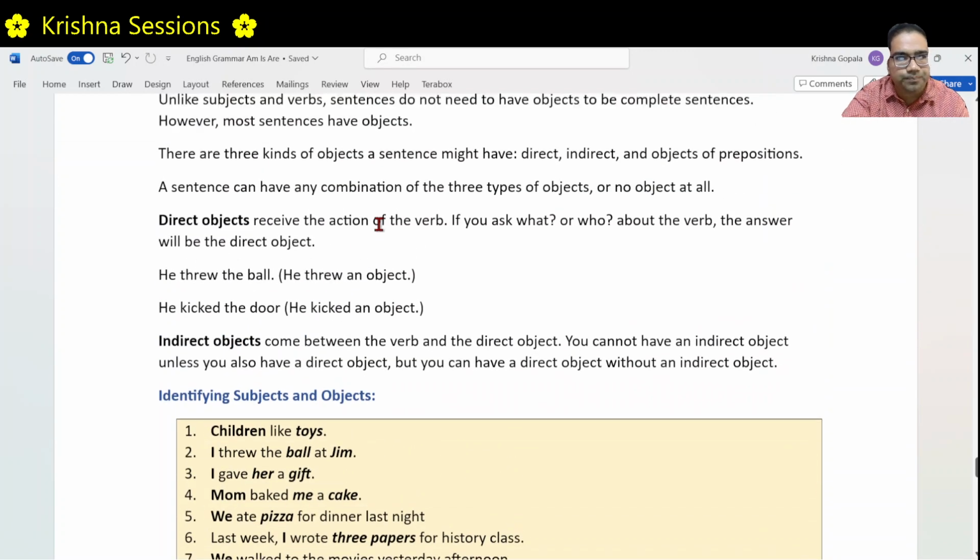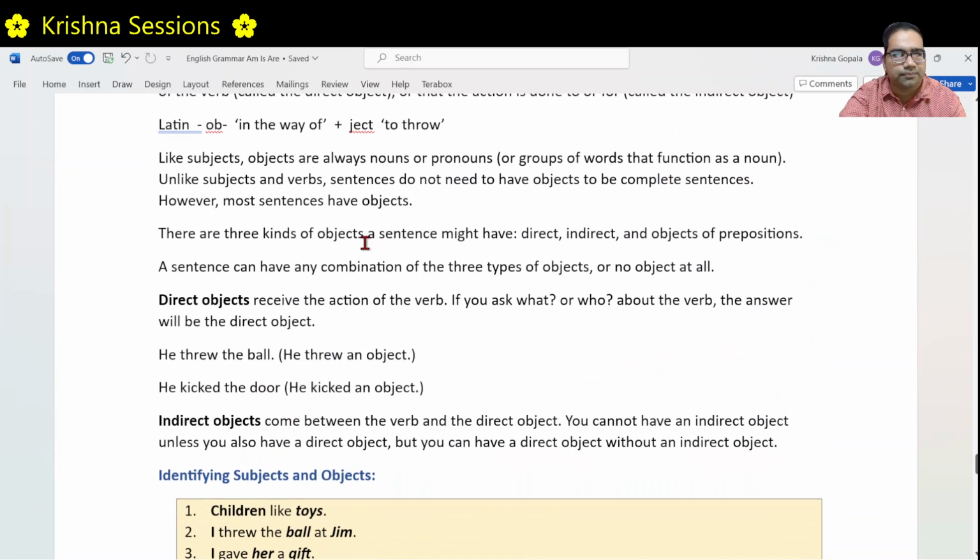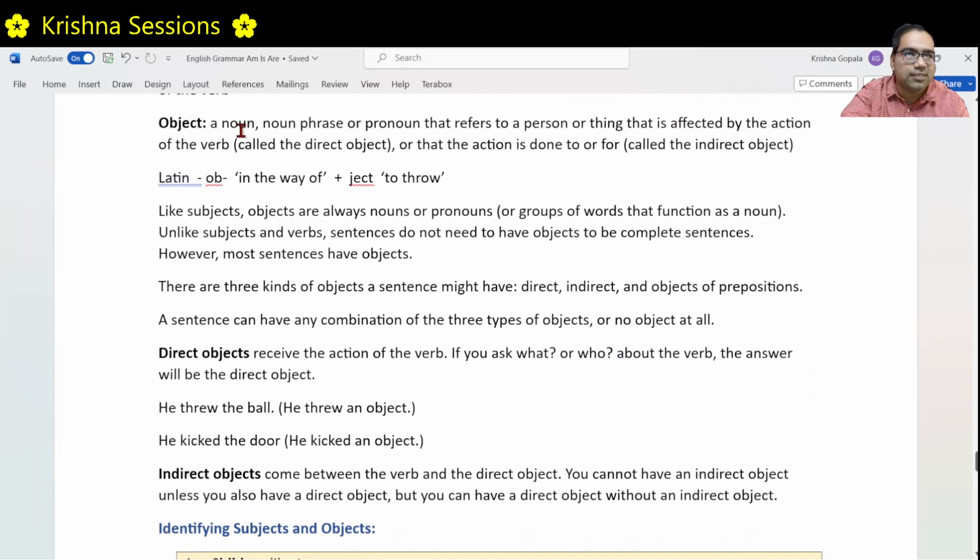Right. Let us revise once again. Objects are nouns or noun phrases or pronouns that are affected by the action of the verb or for whom the action is done. It is called the indirect object. For whom, done to whom, or for someone, that is called the indirect object.